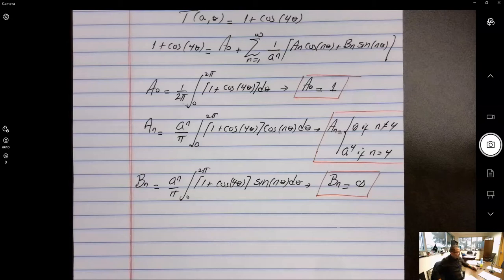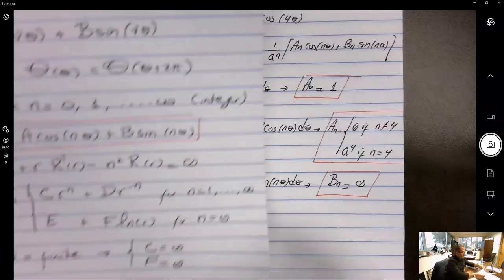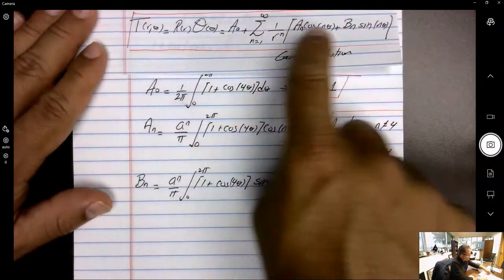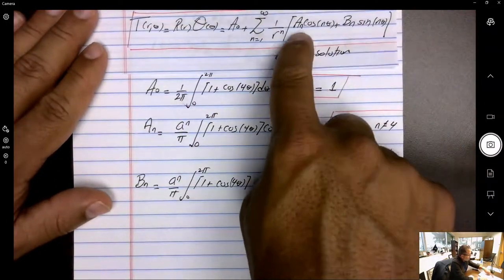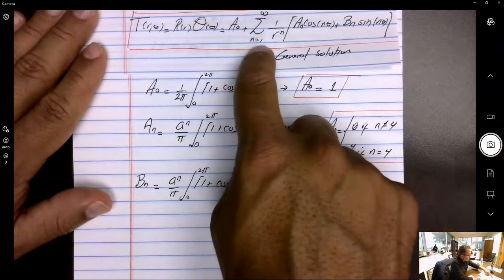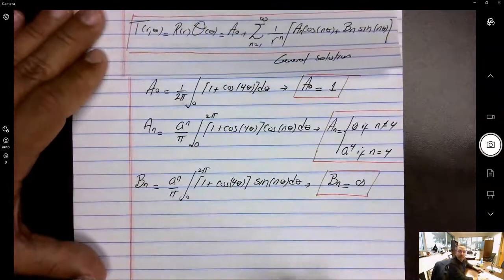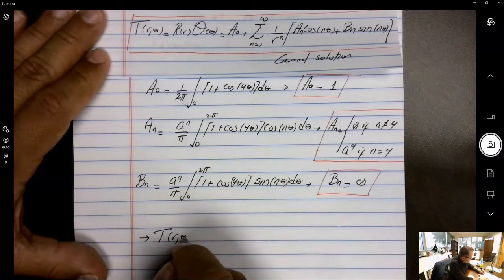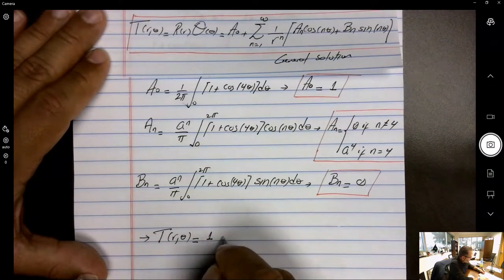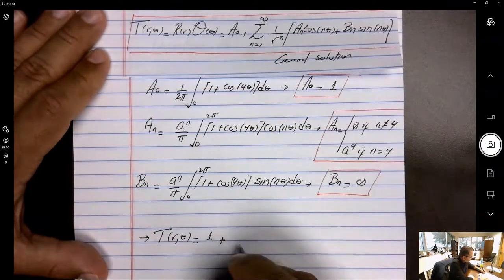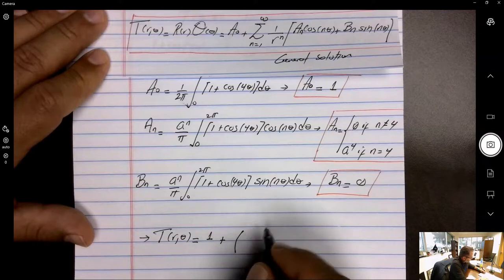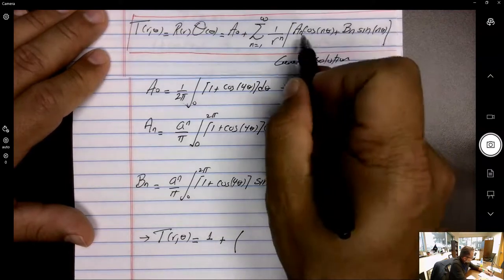So if you look at the general solution here, a0 is equal to 1, bn is equal to 0, and all the an's are equal to 0 except when n is equal to 4. So basically, the particular solution will be 1 plus, since the summation goes away, an, which is a to the power of 4.